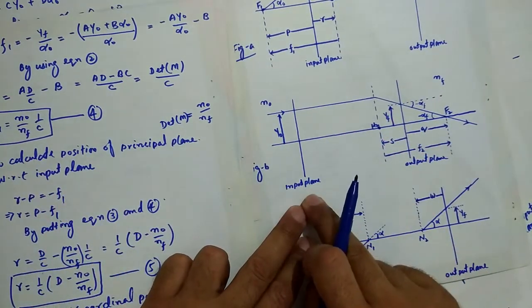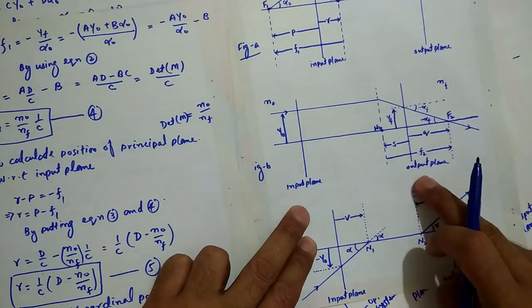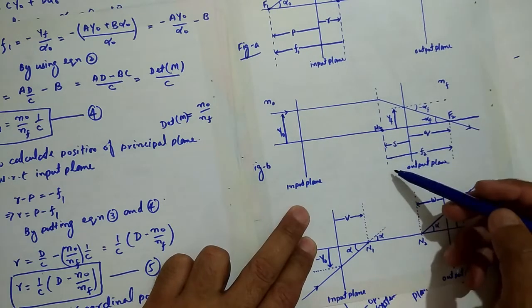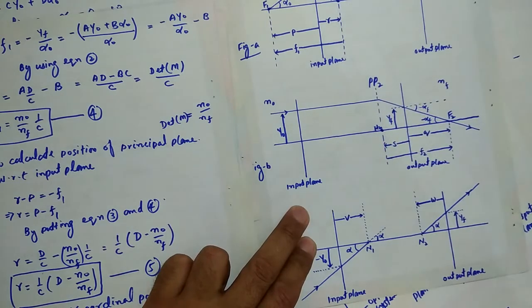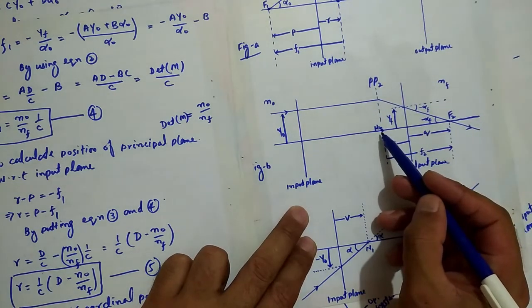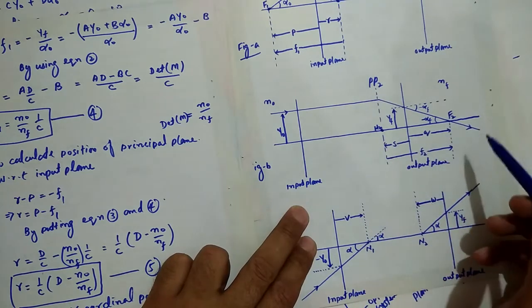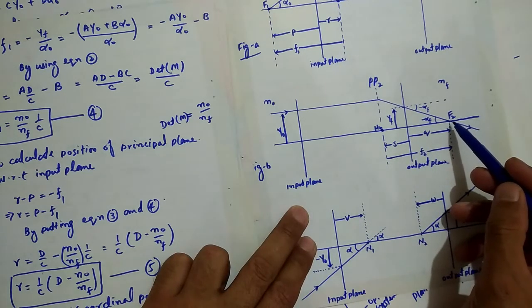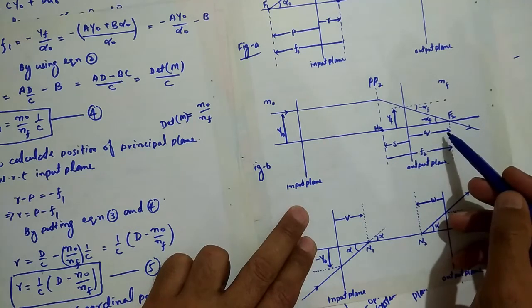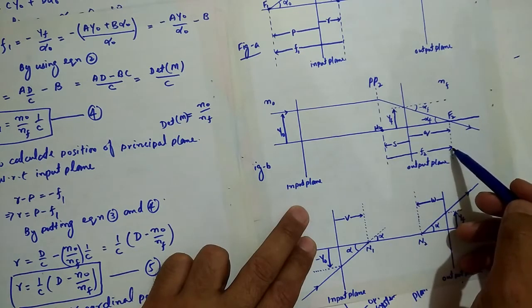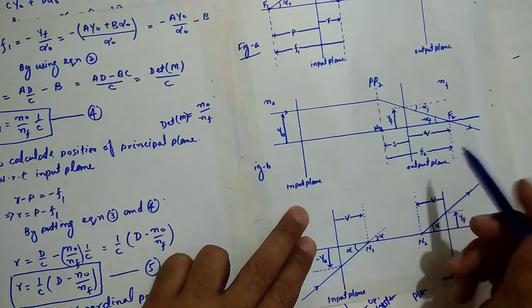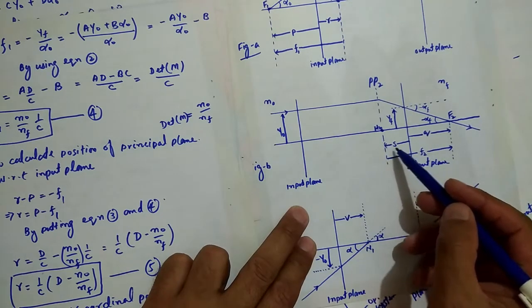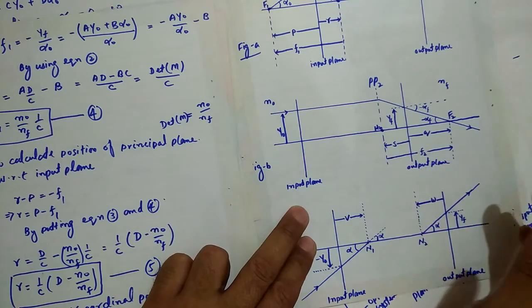Here this is the input plane, this is the output plane, this is the back principal plane, this is the back principal point H2, this is the focus point, back focus point. It is at a distance q with respect to the output plane, while it is at a distance f2 with respect to the back principal plane, and this principal plane is at a distance s with respect to the output plane.